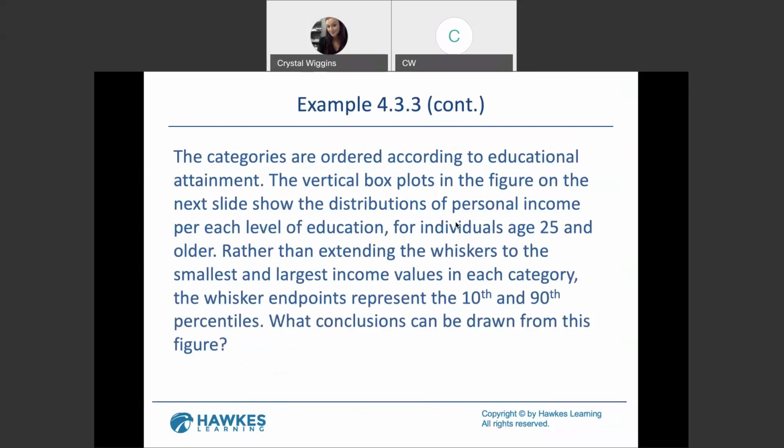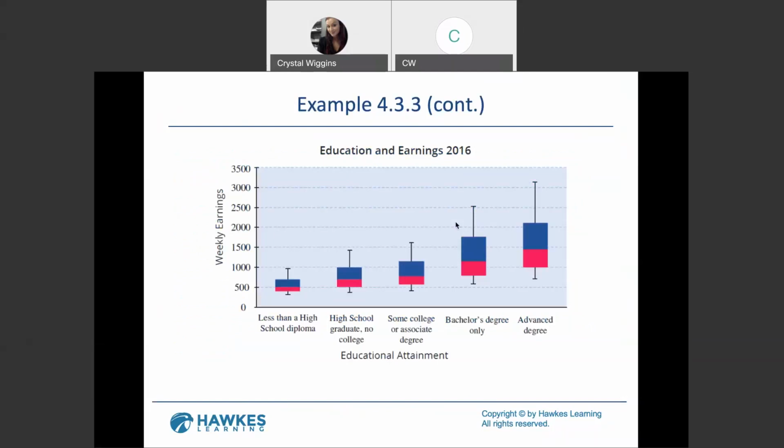Rather than extending the whiskers to the smallest and largest income values in each category, the whisker endpoints represent the 10th and the 90th percentiles. What conclusions can be drawn from this figure? So if we take a look at this figure, we are looking again at the weekly earnings depending on education.